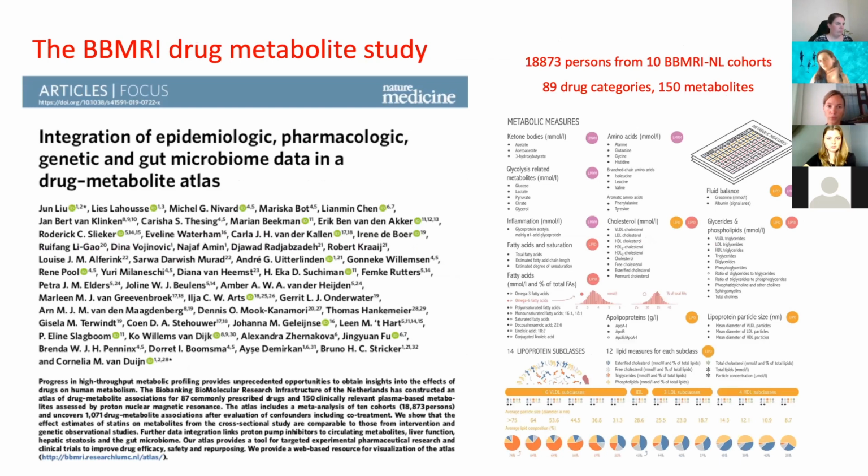I think initially it was about 25,000 persons. So we all sent plasma to the Nightingale platform for them to measure these 150 metabolites. Actually, they are not metabolites. These are macromolecules, mostly lipoproteins, fractions of lipoproteins.